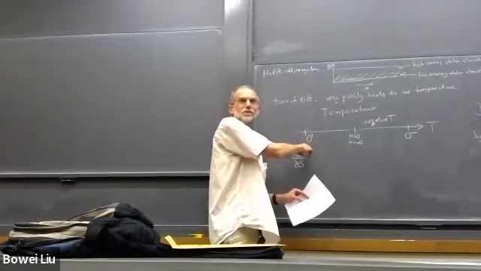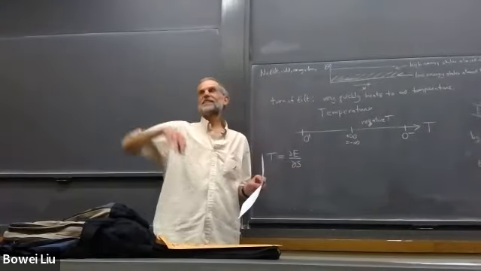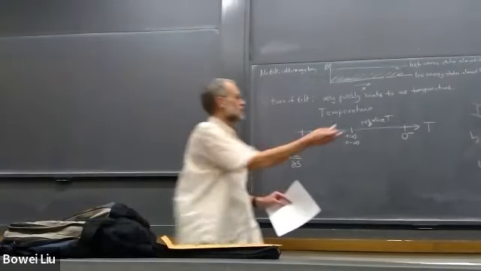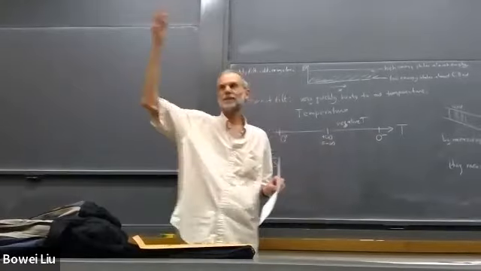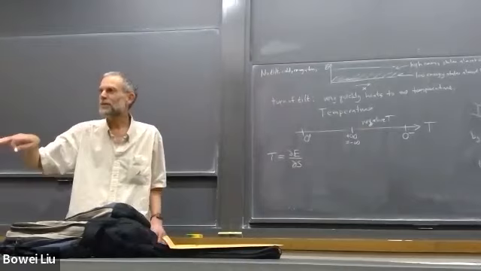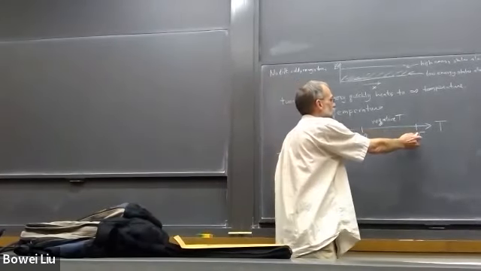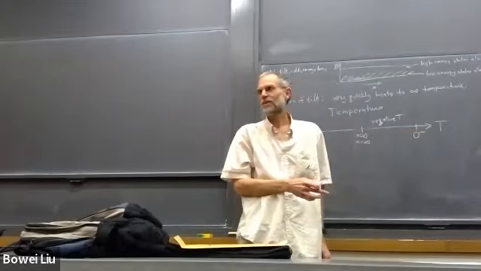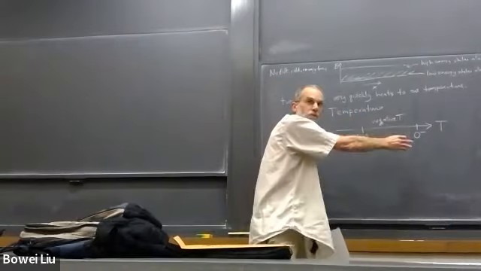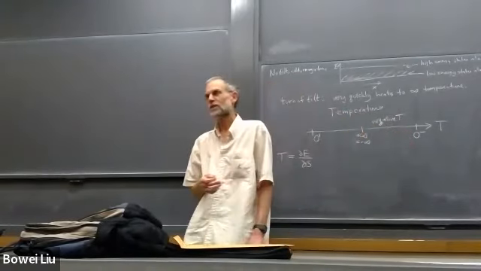You're biased towards being in low entropy states. Infinite temperature, you're just equally likely to be in all states independent of the energy. And when you're at negative temperature, you're biased to be in higher energy states and less likely to be in low energy states. And then the stronger that bias is, the closer you're getting to zero temperature. That's true on both sides. The stronger the bias is, the closer you are to zero temperature. The weaker the bias is, the closer you are to infinite temperature.